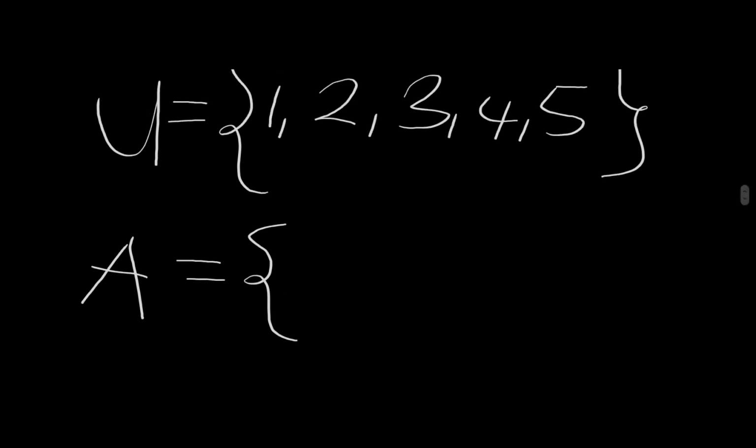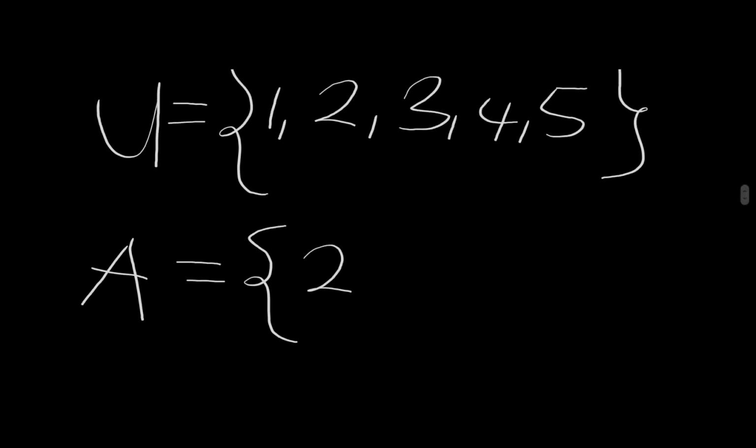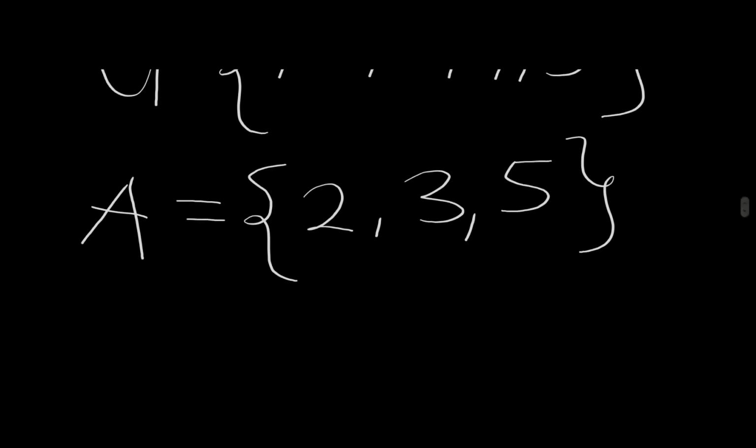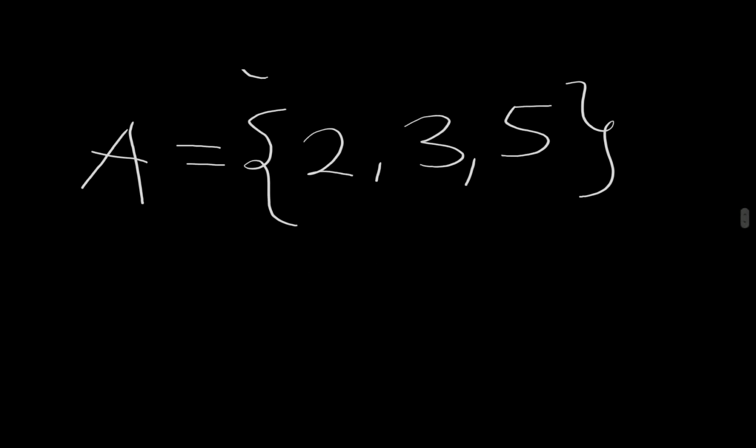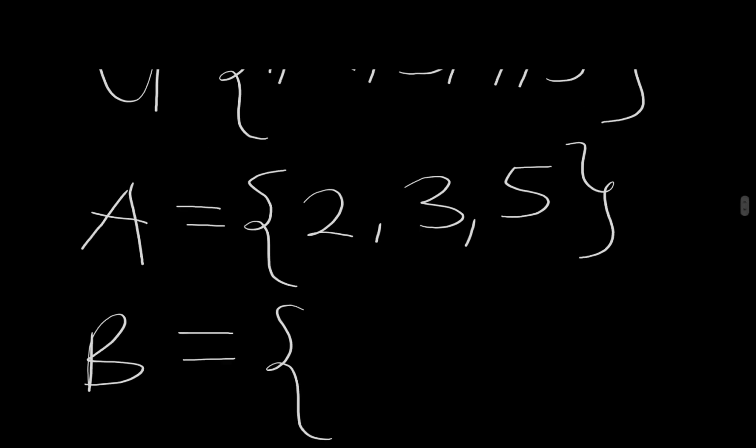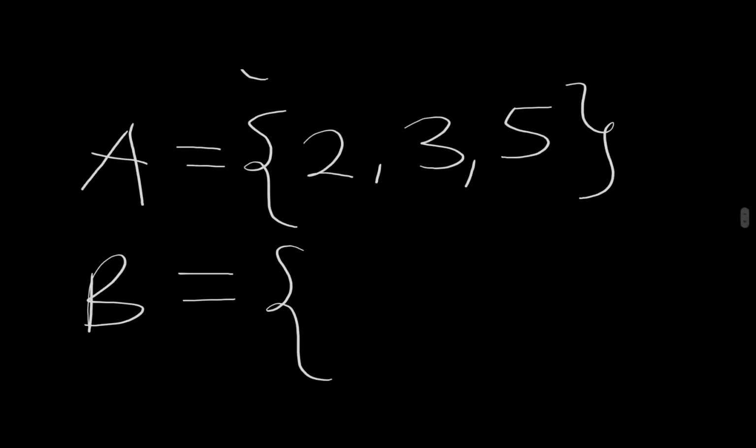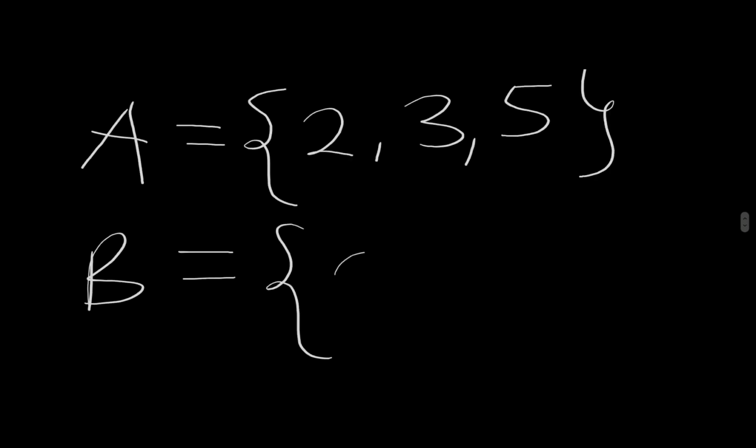So we have 2, 3, and 5. And given another set, let's say set B, which is also a subset of U as even numbers. So we have 2 and 4.